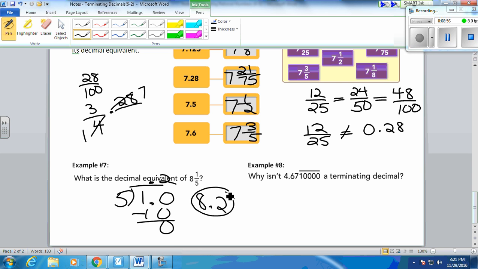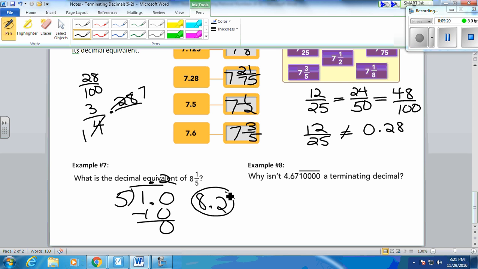Number 8 says, why isn't 4 and then 670, I'm not really in the mind reading that. Hold on one second. 6,710,000, 10 millions. Whew.